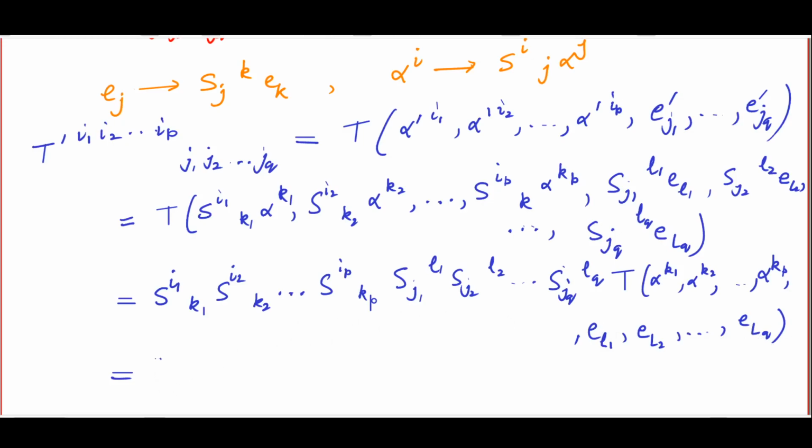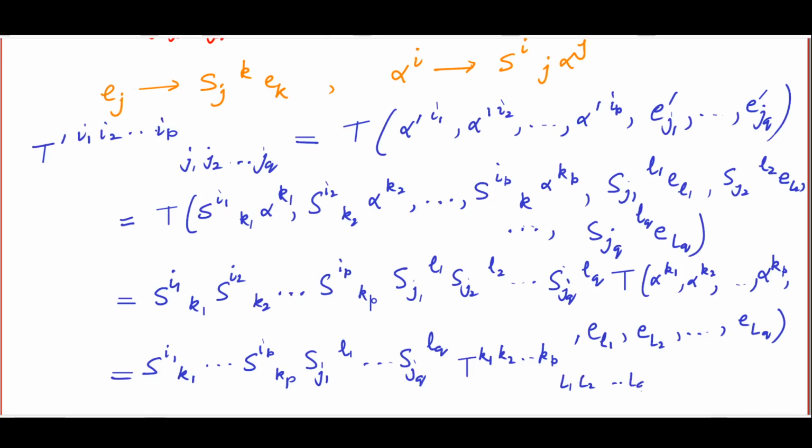So what you end up with is simply this result, that you have a bunch of vector transformation coefficients SI1 K1 to SIP KP. Then you have a bunch of covector transformation coefficients SJ1 L1 to SJQ LQ. Finally, you have T, K1, K2, KP, L1, L2, LQ.